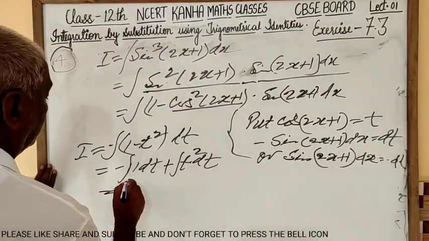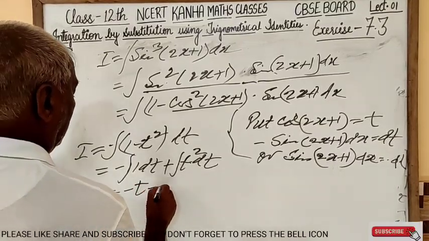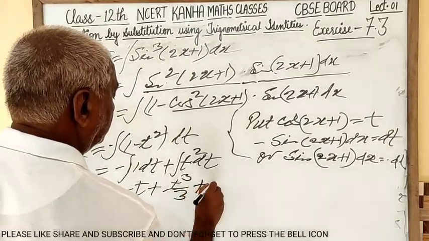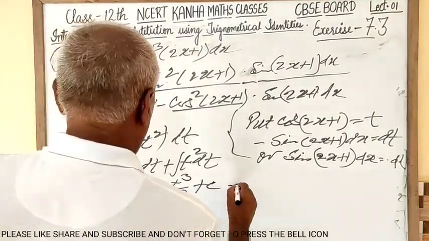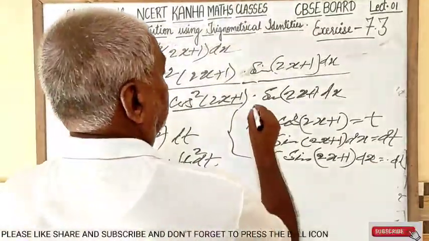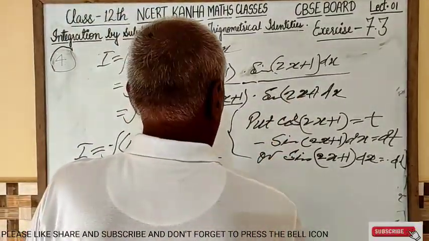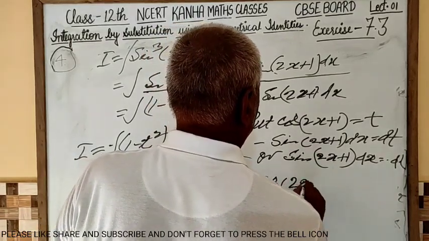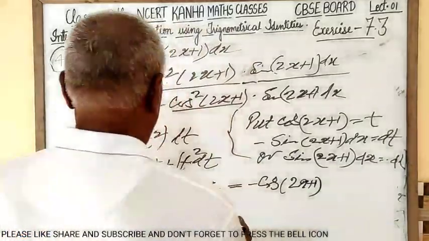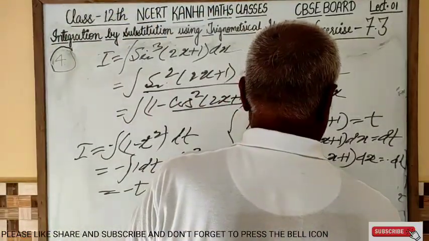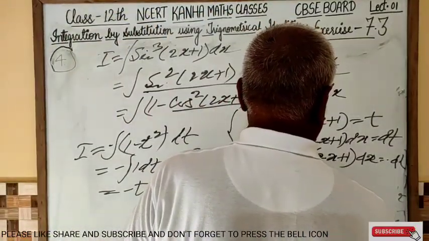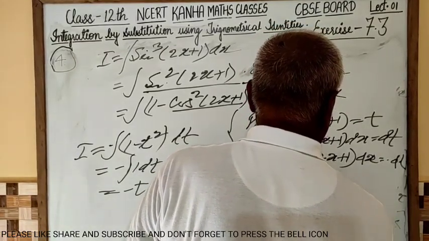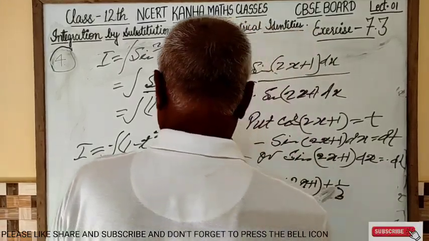This will be equal to minus t plus t cube by 3 plus c, or minus t means minus cos(2x plus 1), plus 1 by 3 t cube.